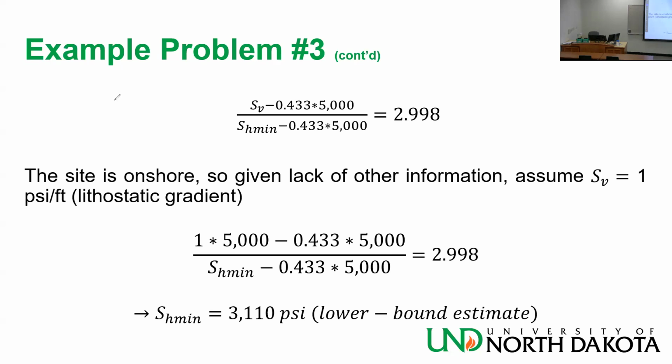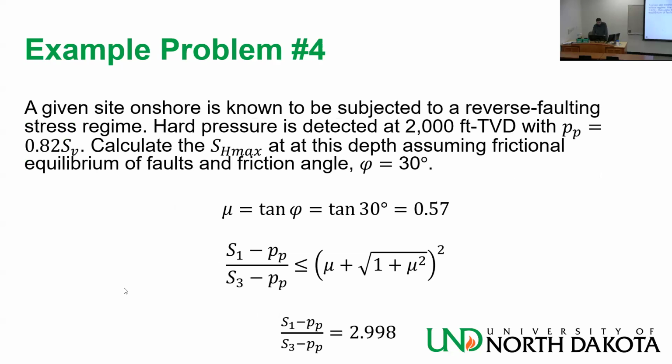That small difference is enough to make the fault slip at a certain stage. And that is on top of the critical faulting stress hypothesis, basically. Talking in the real world. So 3,110 psi is as low as SHmin can be.